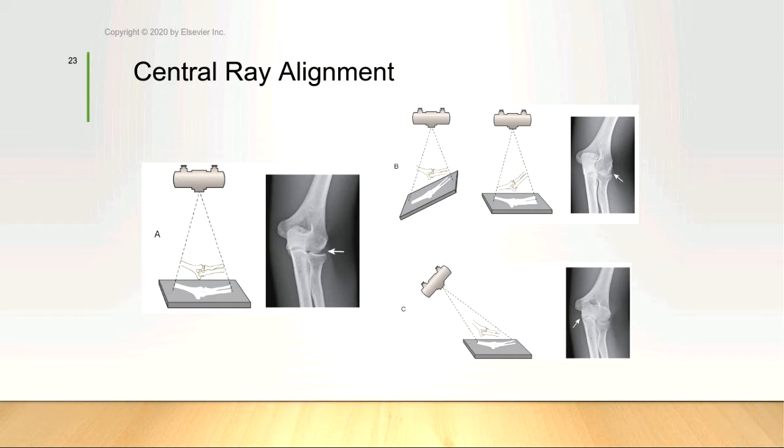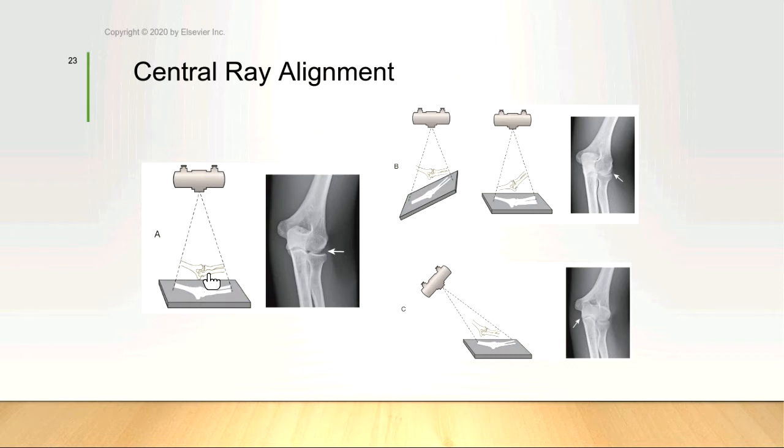So when they show you picture A, it represents proper alignment between the tube, the part, and the IR. In picture A, remember I said that the tube is typically perpendicular to the part, perpendicular to the IR, and the part and the IR are parallel to each other.